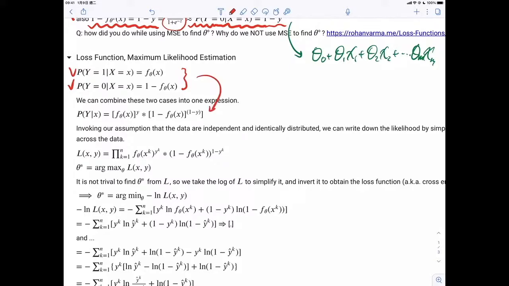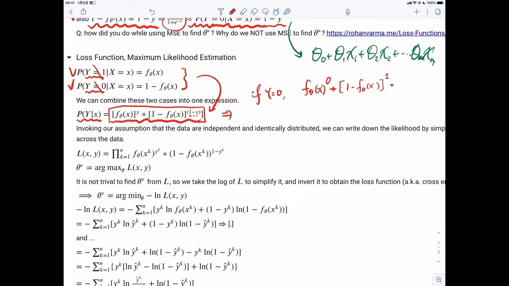So look carefully. Since y is a binary value, it can be only 1 or 0. If y currently is 0, what does the notation become? F theta x, currently y is 0, so the power by 0, and 1 minus x, that is 1 minus 0, so that is 1.